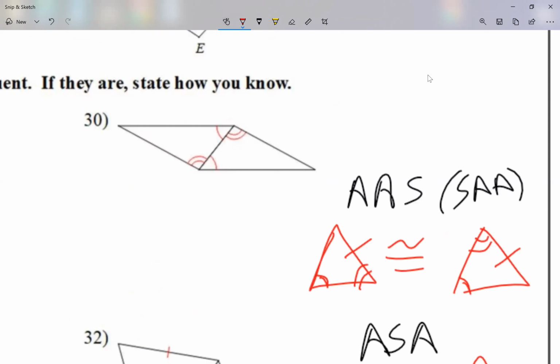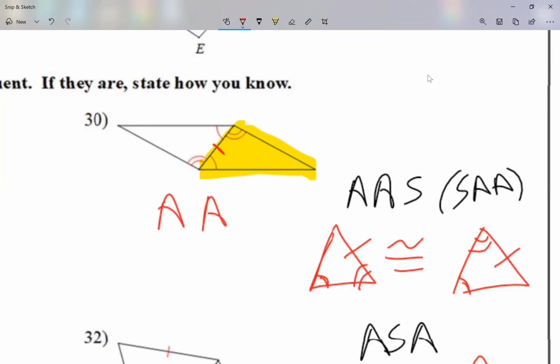To begin with, I'm going to mark this side because both triangles use it. I look at one triangle. It doesn't matter which one you look at. This one. And then ask yourself, from the markings, did I mark two sides or two angles? There's two of something. In this case, two angles.